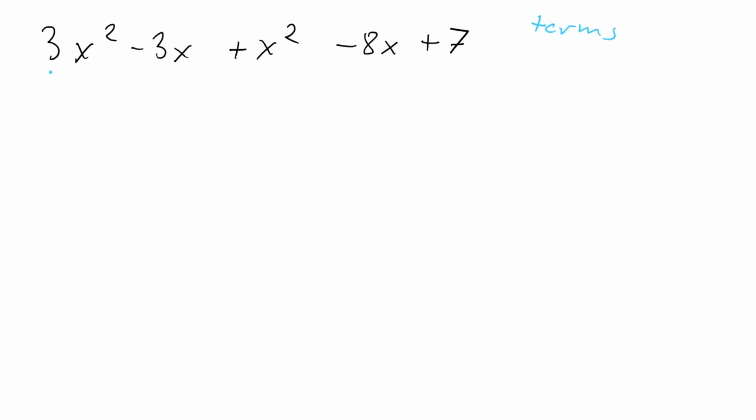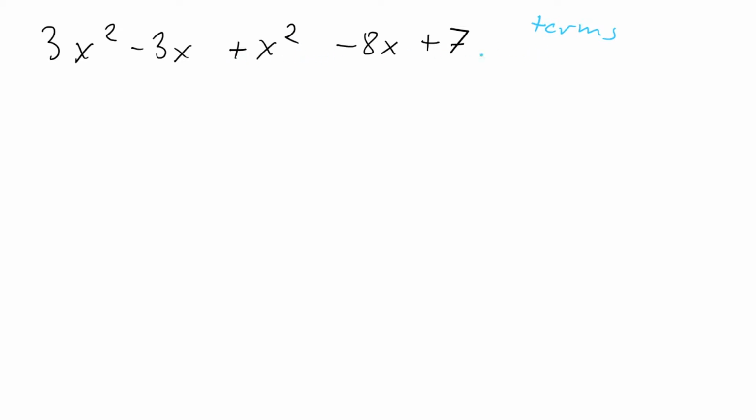So in this case, the terms of this expression are elements like 3x squared, minus 3x, plus x squared, minus 8x, and plus 7. A term is always letters, numbers, and the sign in front of them. So that's a term of the expression.